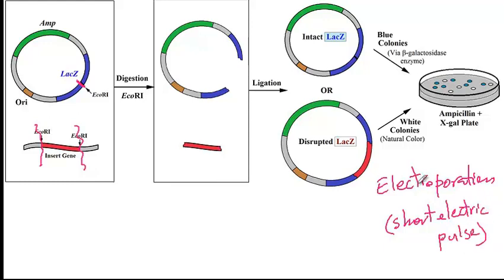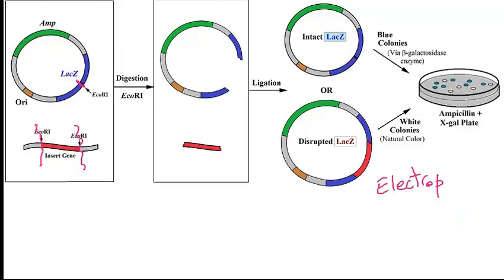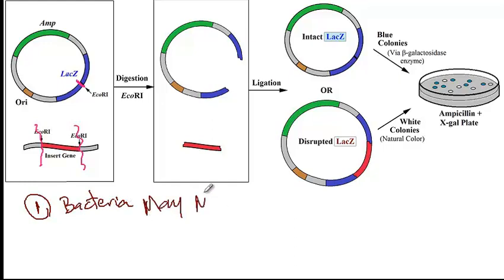All right, so now we can have different scenarios. Let's go through them. Let's pick a different color. The first scenario is that bacteria may not pick up any plasmid whatsoever.